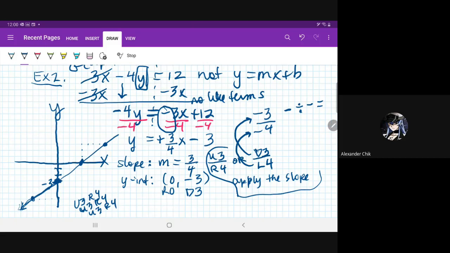You guys, I'm missing something. I'm missing number labeling. What do I mean by number labeling? I only have one number labeled on the whole graph.